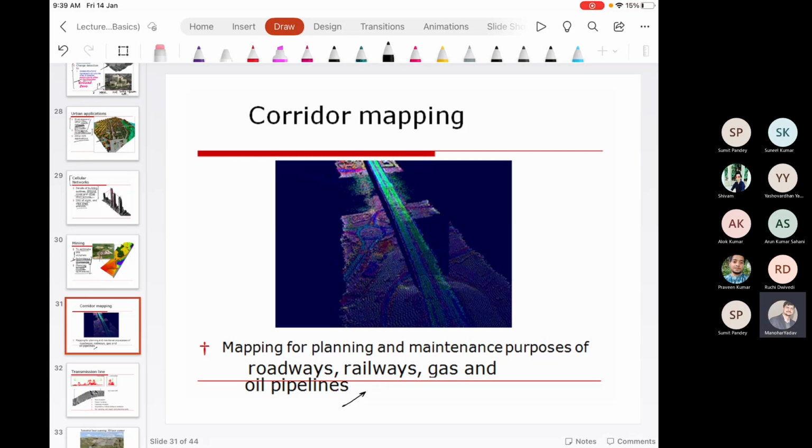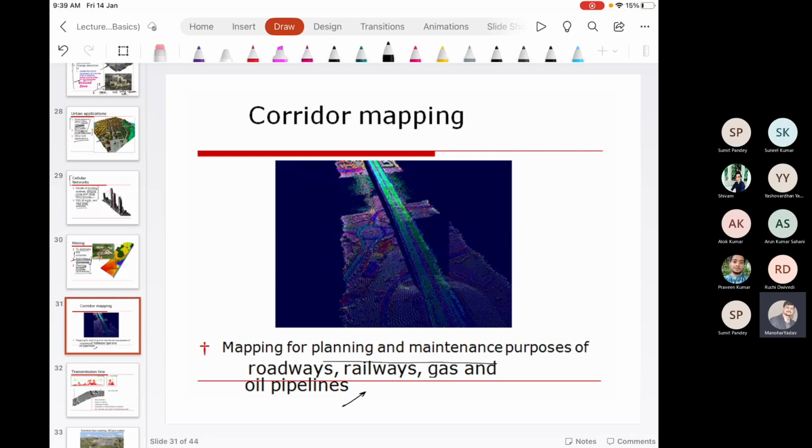Once you have the map data of a road network, that will assist with planning and maintenance purposes. Here I talk about rail and road corridors. Similarly for gas and oil pipeline corridors and power line corridors, everywhere by using LiDAR, very detailed geometrical information is available, and that helps for various applications.